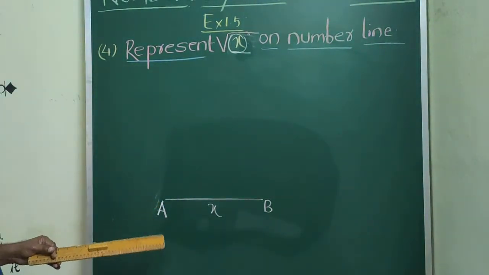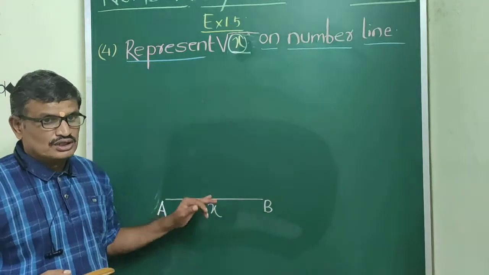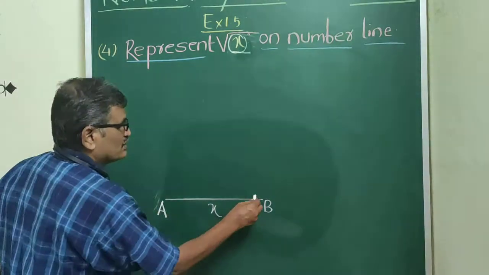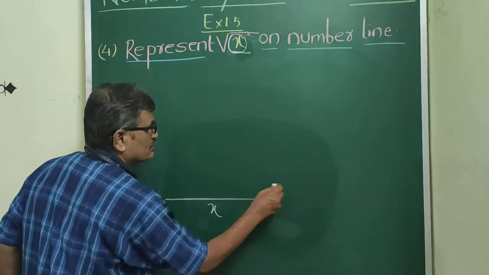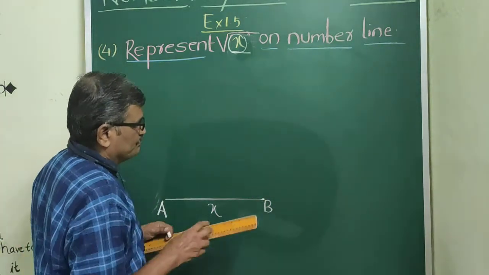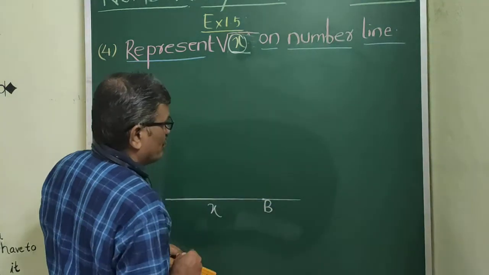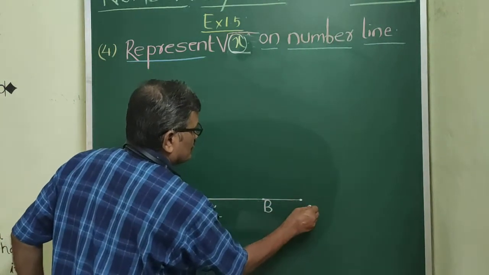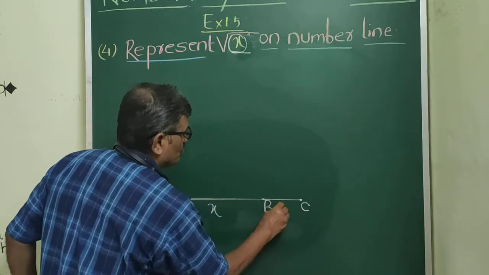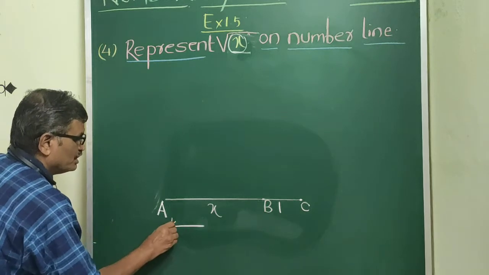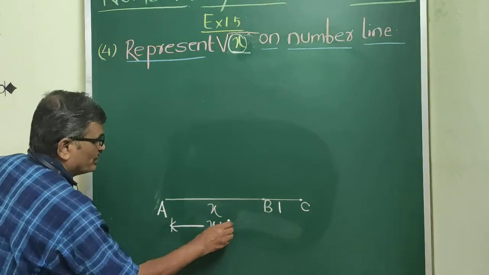So the first step says take AB equal to x. After that, extend B up to C by 1 unit, so that the total length AC becomes equal to x plus 1.